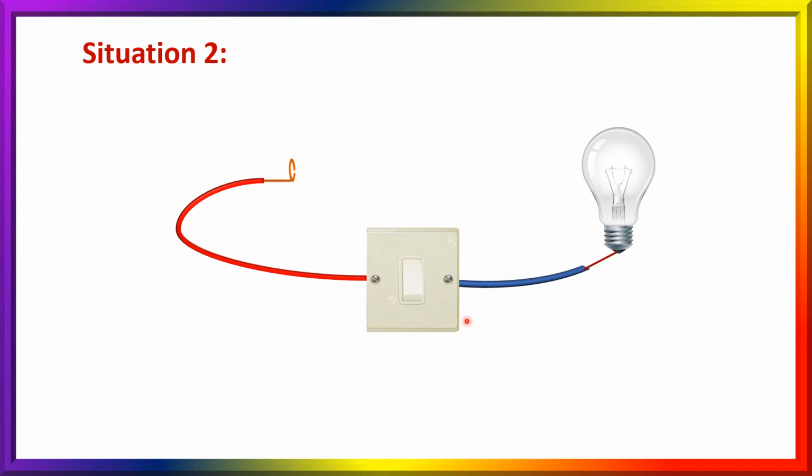Without battery, I am completing the circuit. Now this is a circuit. Let us see whether the bulb glows or not when the switch is on. So what is the result here? The bulb does not glow in this case because the source is not there, the battery is not there.